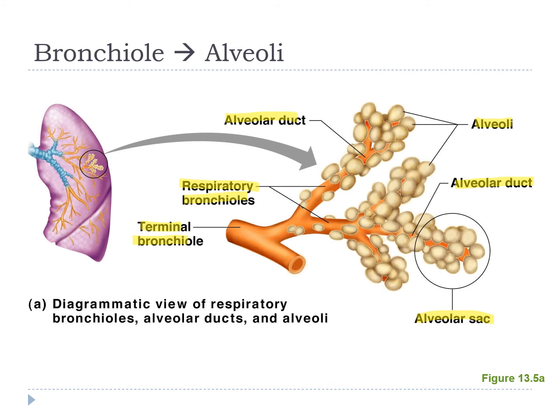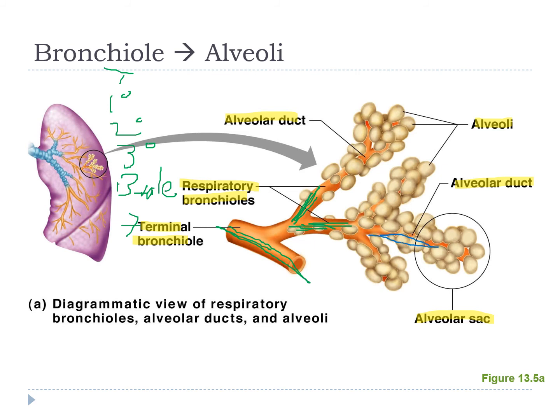So this is showing you a breakdown. We have the trachea, primary bronchi, secondary bronchi, tertiary bronchi, then we had the bronchiole, then the terminal bronchiole, then the respiratory bronchioles, then the alveolar ducts.